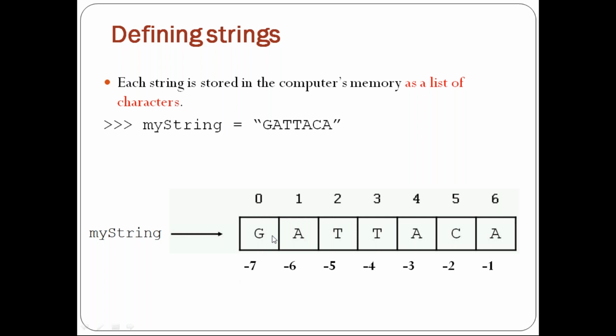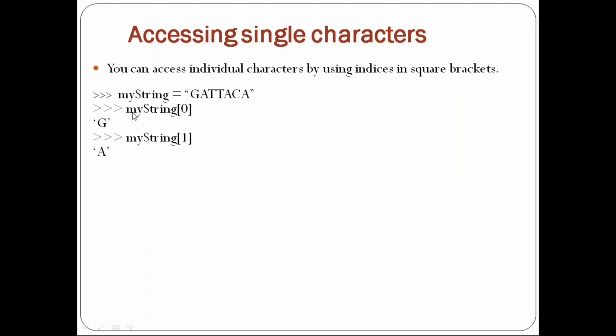Let us say, in order to access the value G, we can use either the index value 0 or -7, and in order to access the character C from this character sequence, we can use the index value -2 or 5. See an example here.